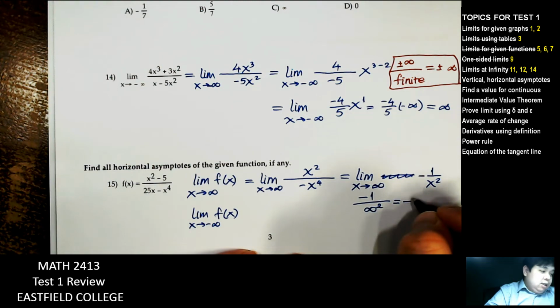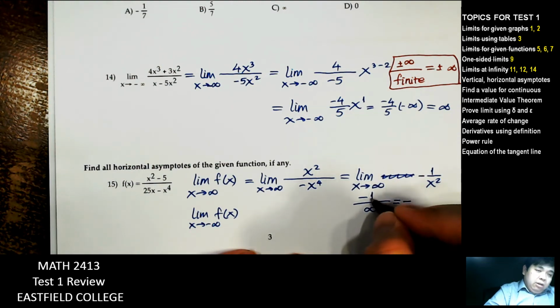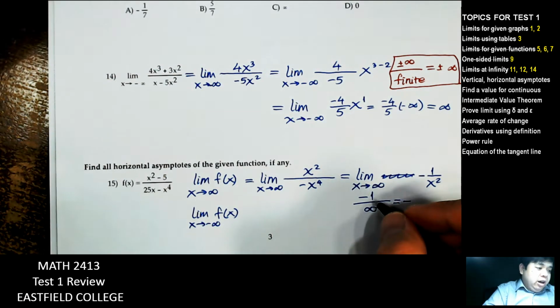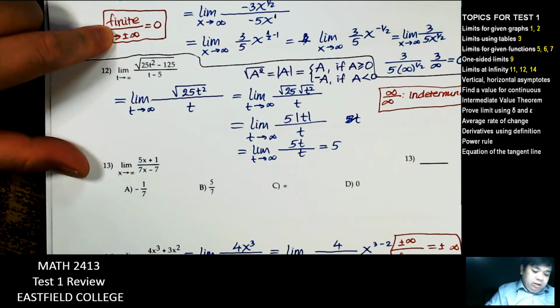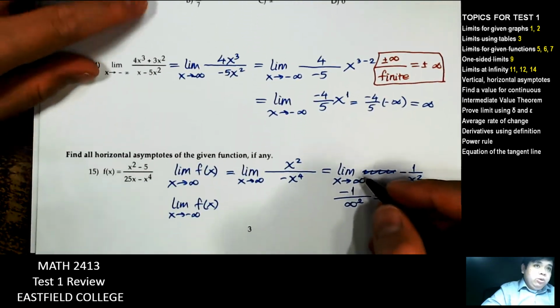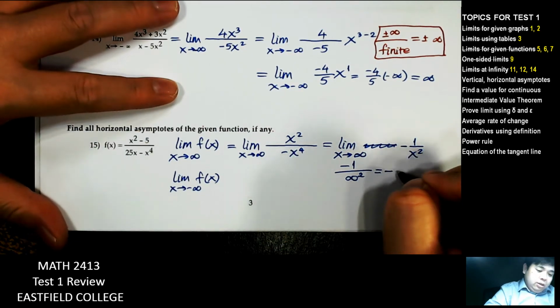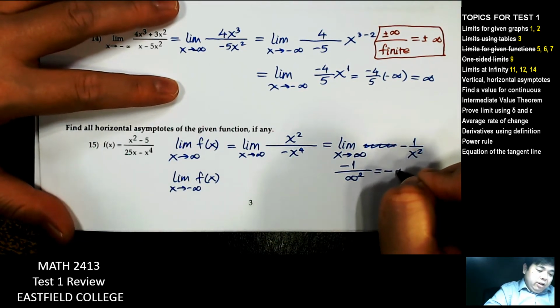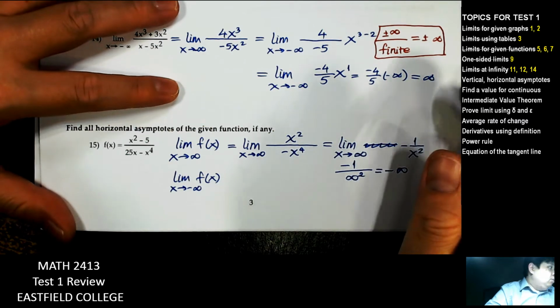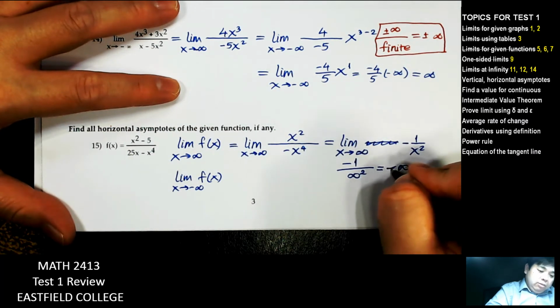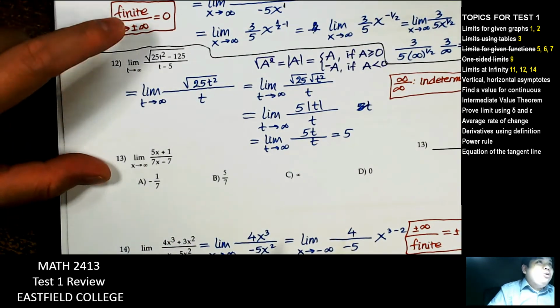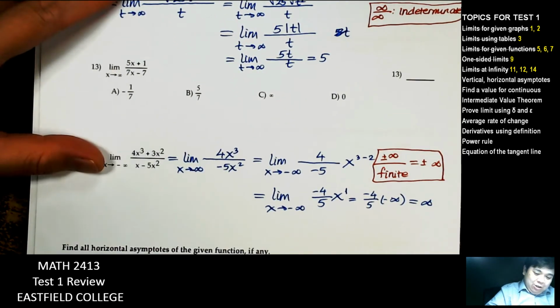Sorry, I should say a finite number over infinity is 0, so that is equal to 0.